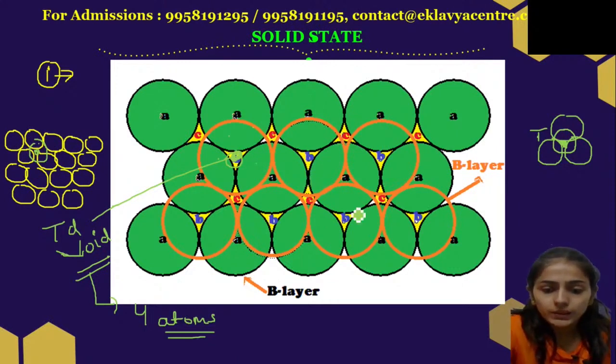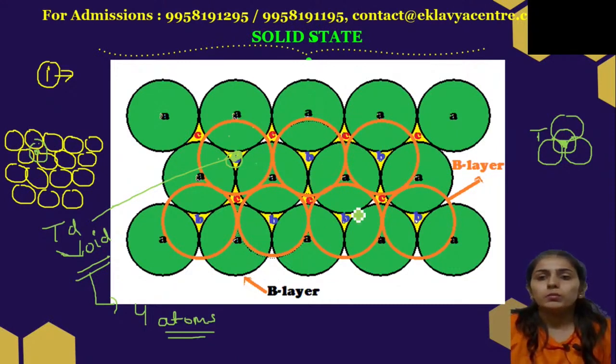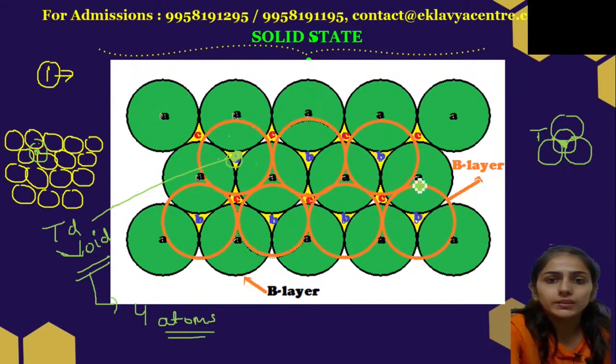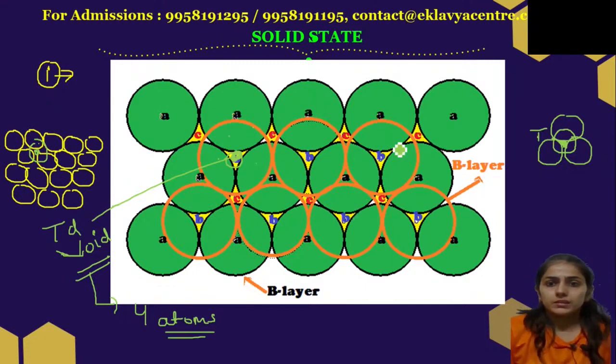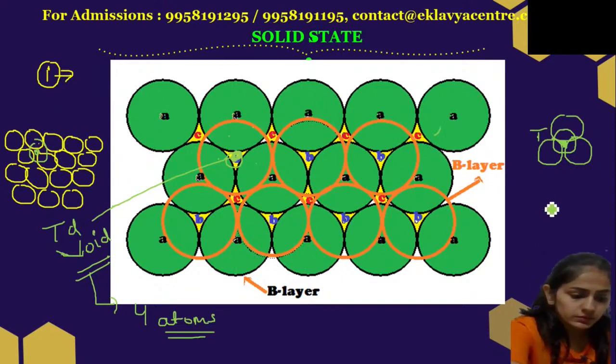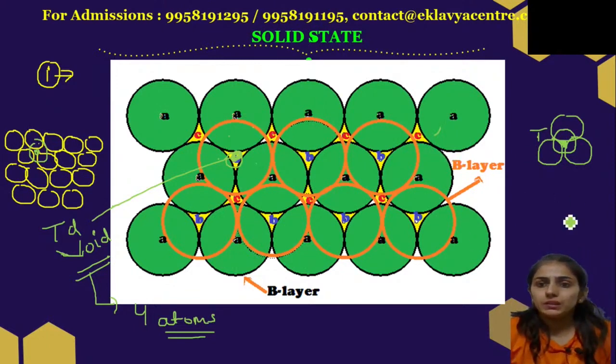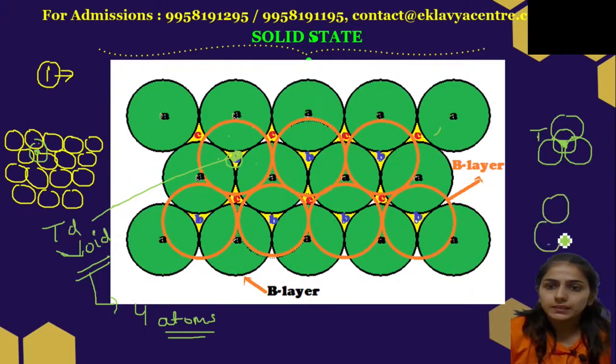Now we have octahedral voids. How are octahedral voids formed? See, suppose we have three spheres like this, and we have 3 spheres like this, just like this and this.